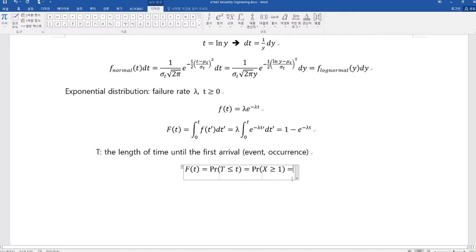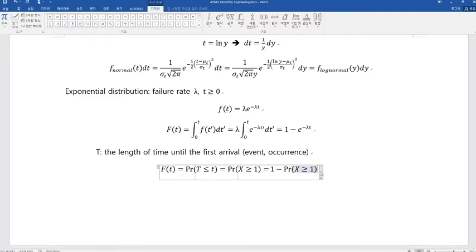Because the Poisson distribution is also a probability distribution, the sum of probabilities will be 1. So if we want to calculate this, it can be calculated as 1 minus... I'm going to slightly fix the equation.